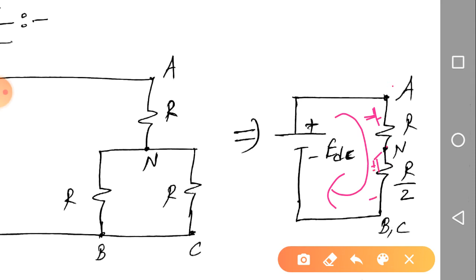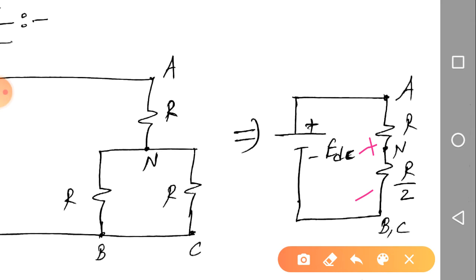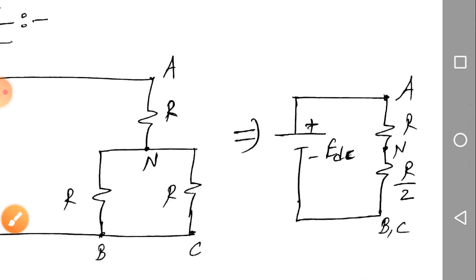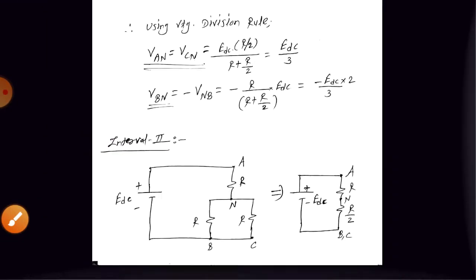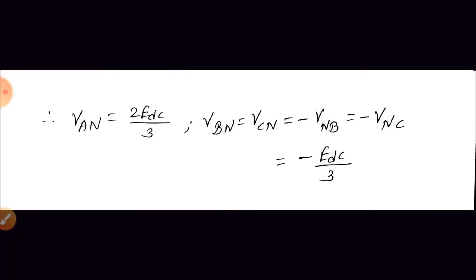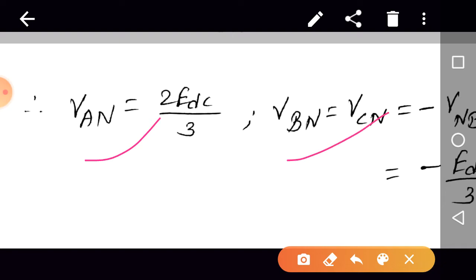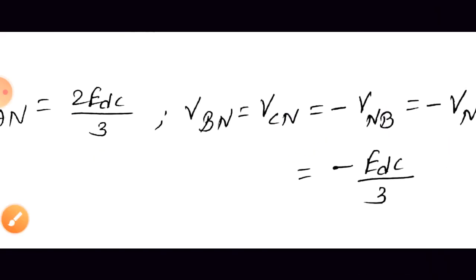Current flows in the downward direction, so Vn is positive compared to VB or VC. So Vnb and Vnc are positive, but Vbn and Vcn will be negative. By using the voltage division rule, we can find the values of Van, Vbn and Vcn, right?